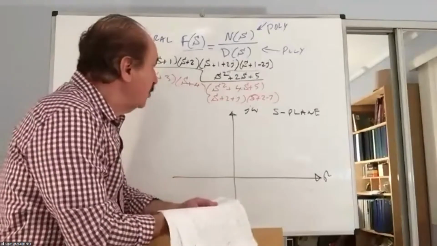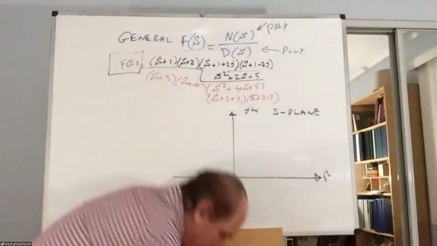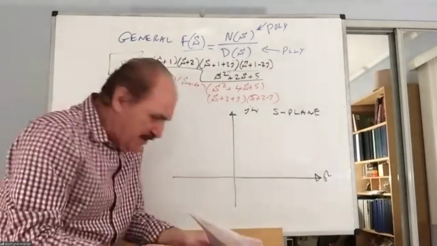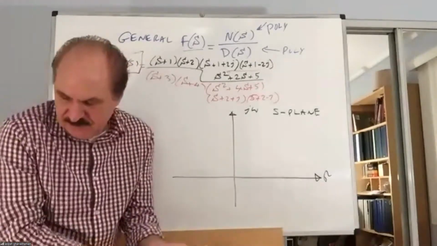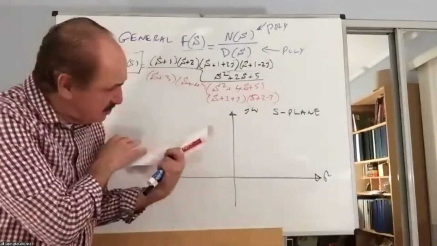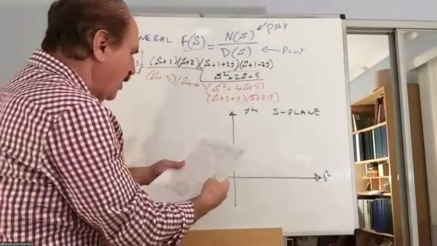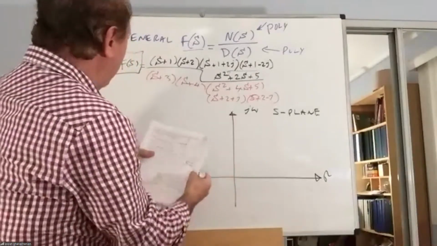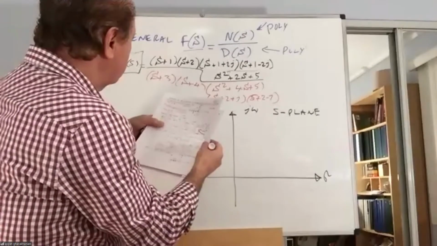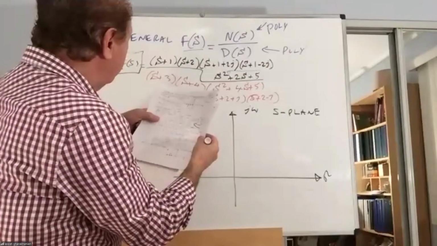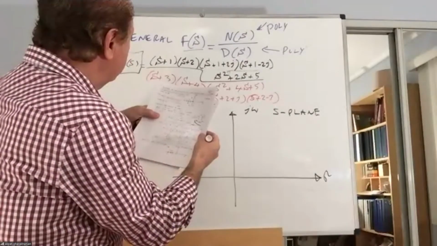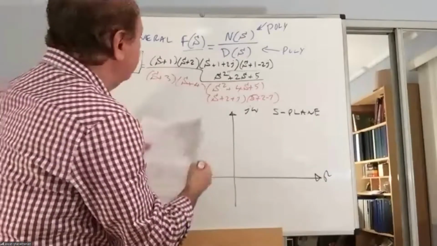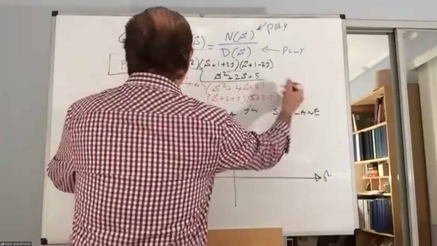Okay, let us show the picture now. It is simply plotting those values. Let us plot the poles. Oh yeah, here I had another s, which I missed.